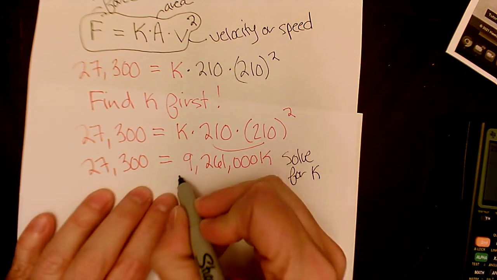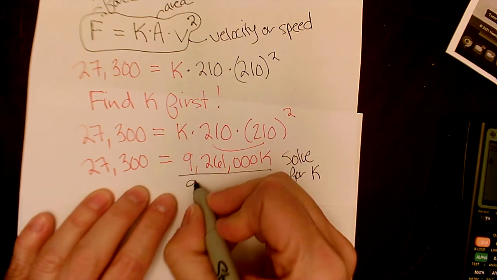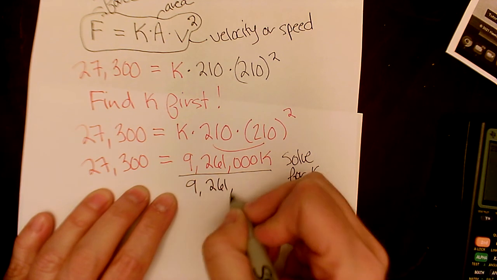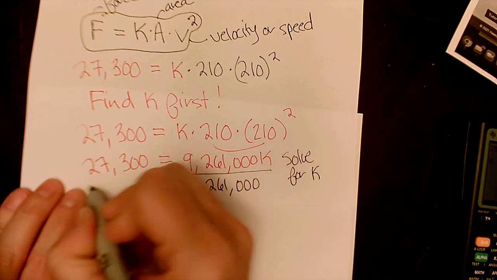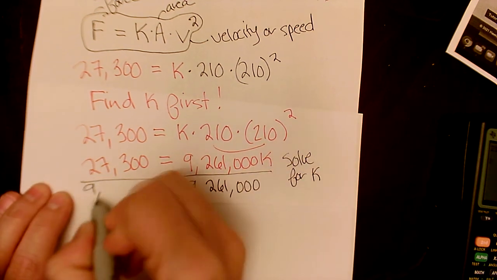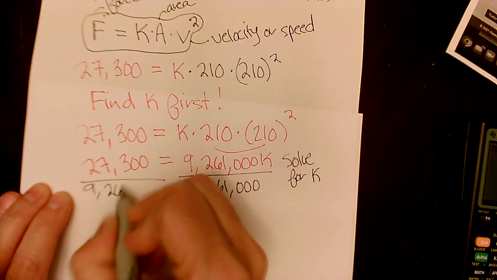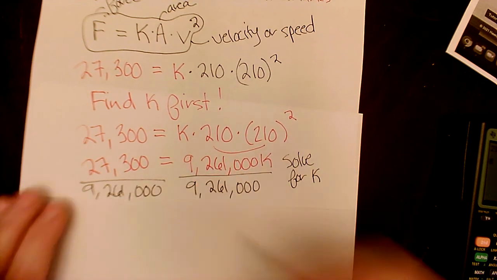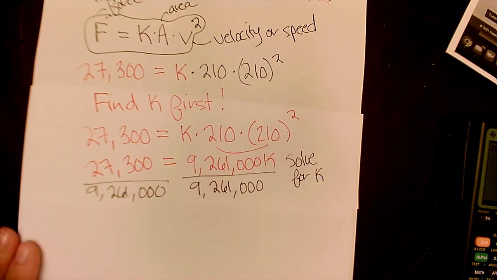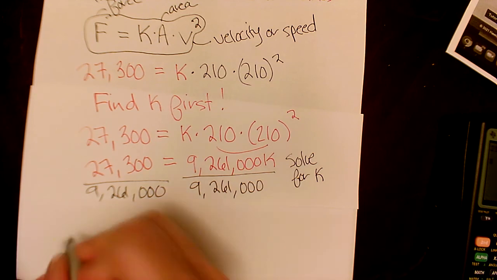I'm just going to divide both sides by this 9 million. I'm going to get probably a crappy looking decimal. I'm going to divide both sides by 9,261,000.